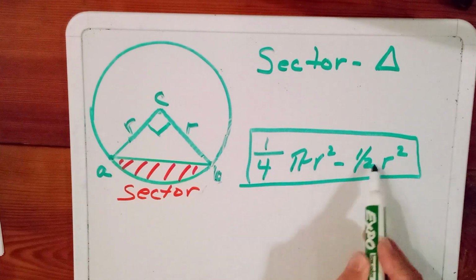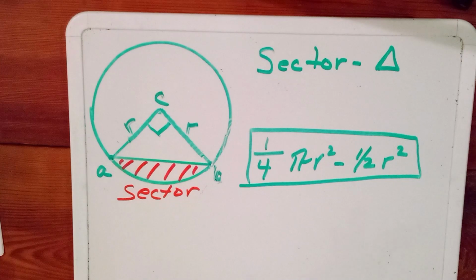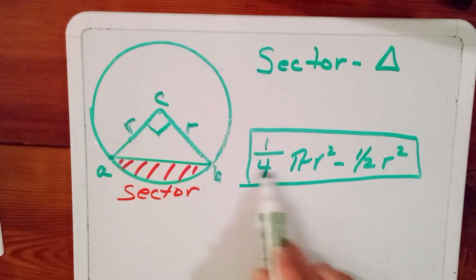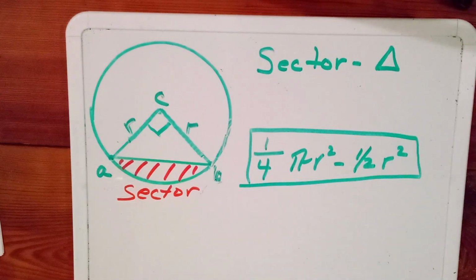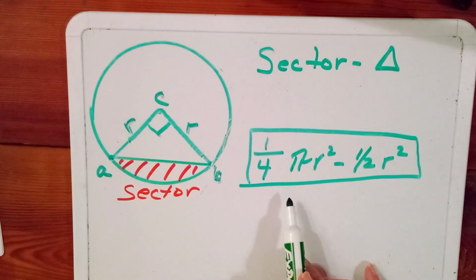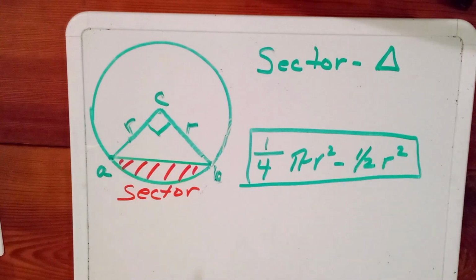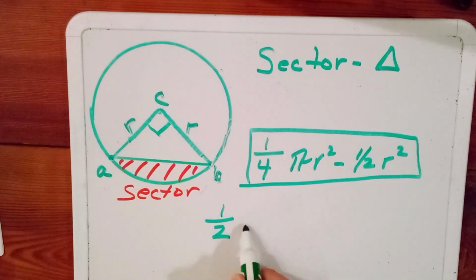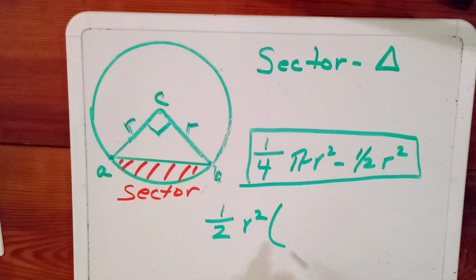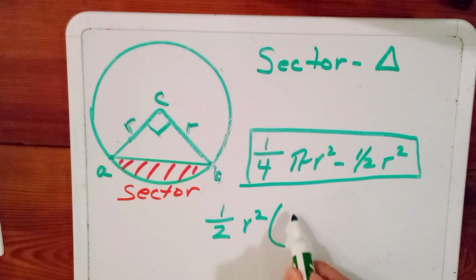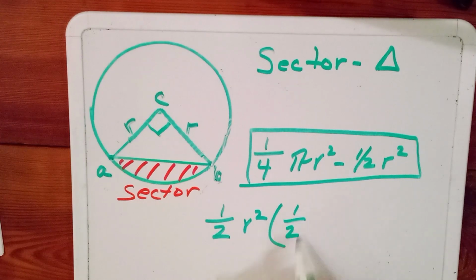So as I look at these two terms, what is the greatest common factor of this term and this term? Well, if you look closely, it's this whole term right here. So that goes out front as the greatest common factor. And what remains? Well, how do I go from 1/2 to 1/4? How about 1/2 times 1/2?